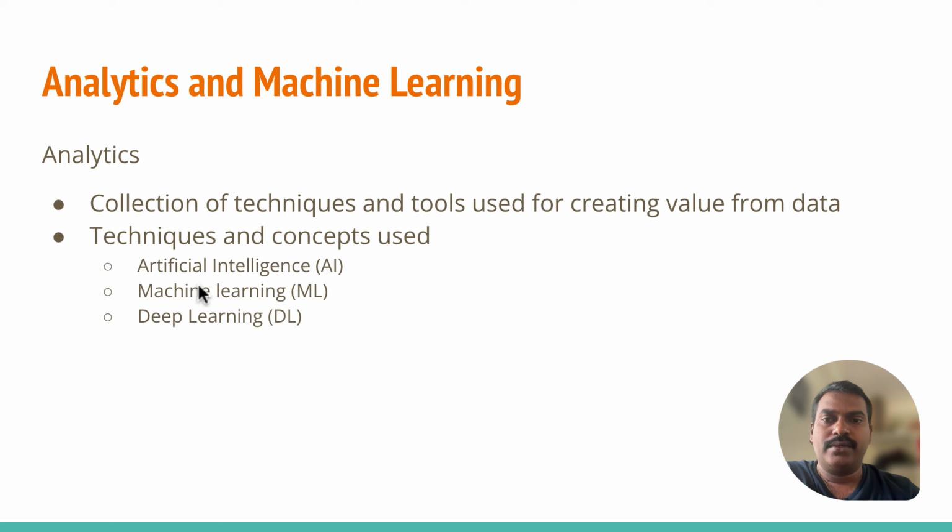So simply, analytics is a collection of techniques, a set of tools, and concepts. Why do you do analytics? To create some value from the data you have. From the data you create the analytics, and that analytics will help us predict some outcome.